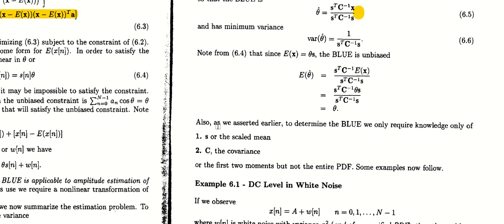Also, as we asserted earlier, to determine the BLUE we only require knowledge of s, the scaled mean, and the covariance matrix. As you see, you need s and the covariance matrix, the first two moments, but not the entire PDF.